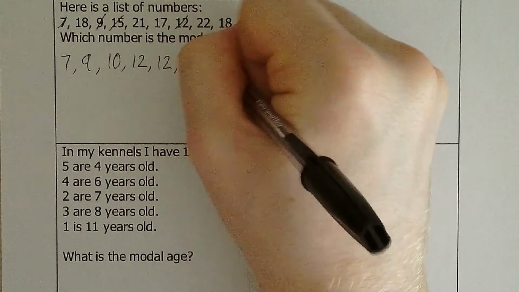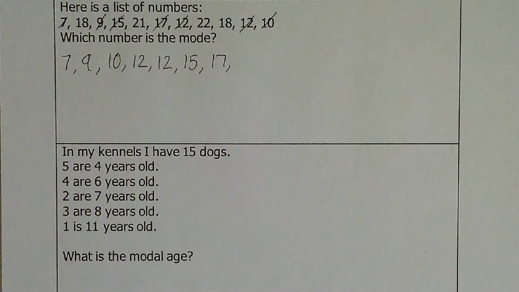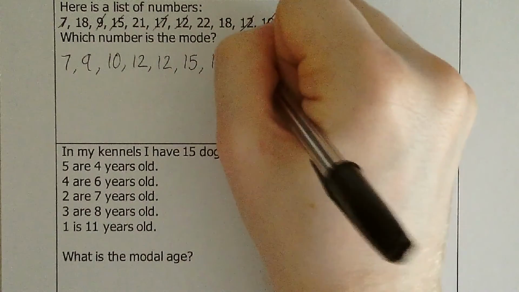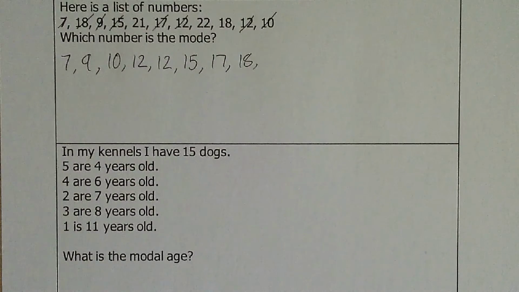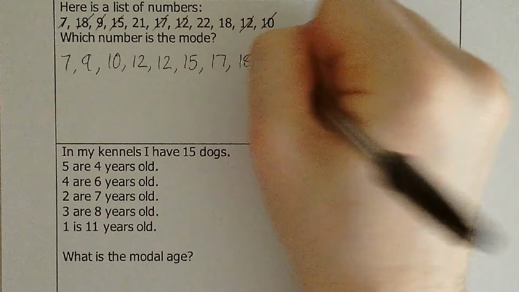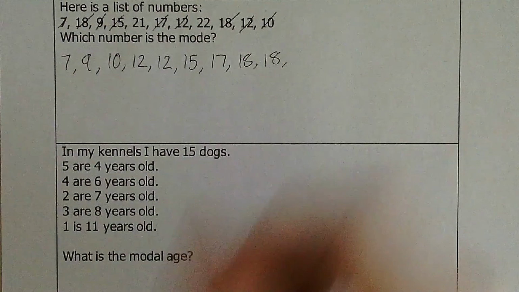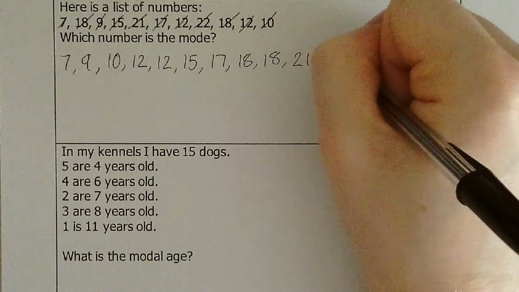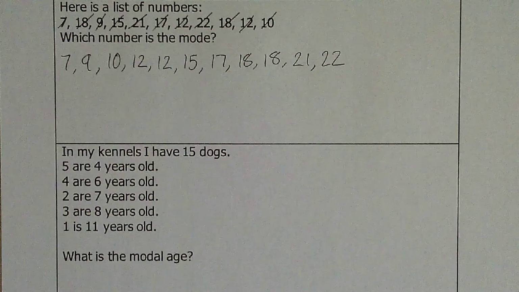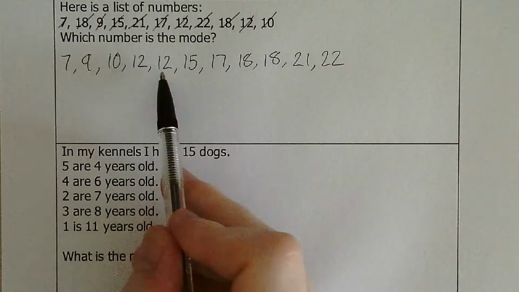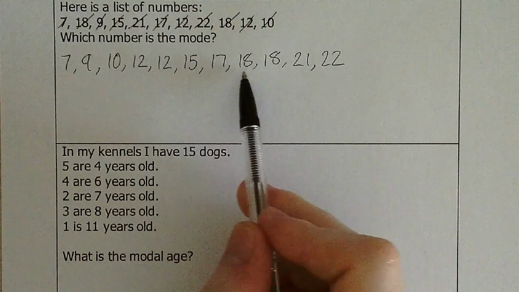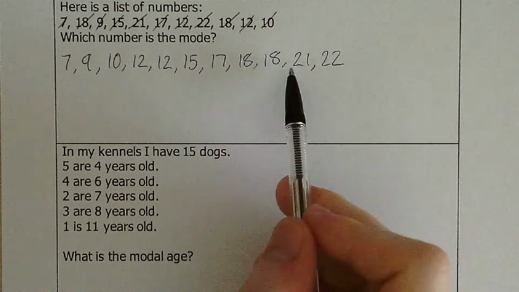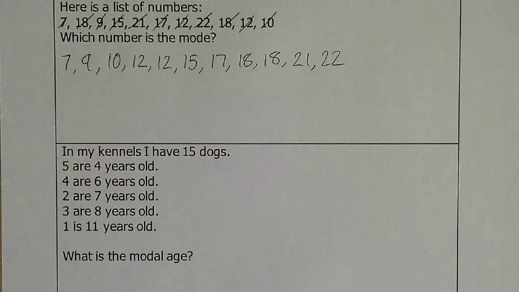17. 18. Another 18, 21, and finally 22. Here we can see that 12 appears twice and 18 appears twice, but every other number only appears once.